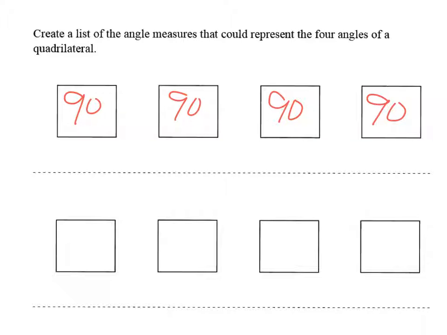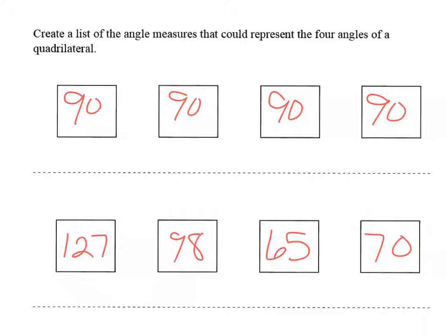Or you could be more creative. Let's say, for example, I have an angle that's 127 degrees and another one that's 98 degrees and another one that's 65 degrees. And my last one is 70 degrees.